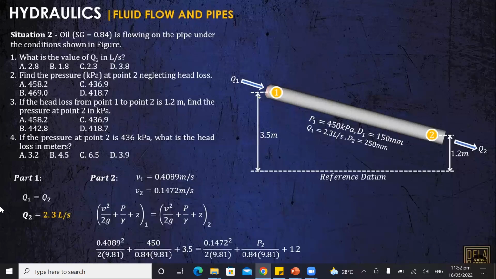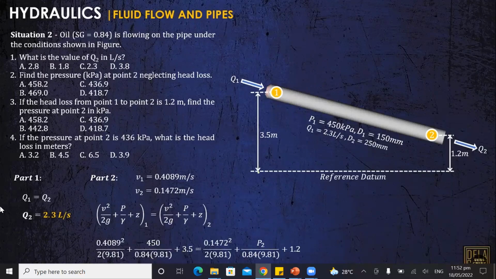Take note that this is not water, yung liquid na nagpo-flow dito. That is an oil, no? With specific gravity of 0.84. Therefore, multiply pa natin yung unit weight of the water to the specific gravity, 0.84.